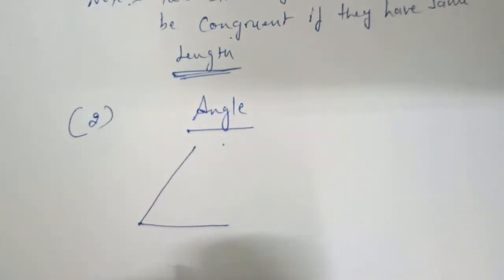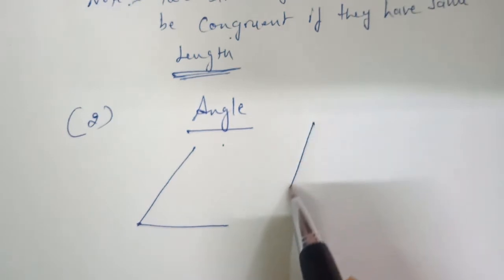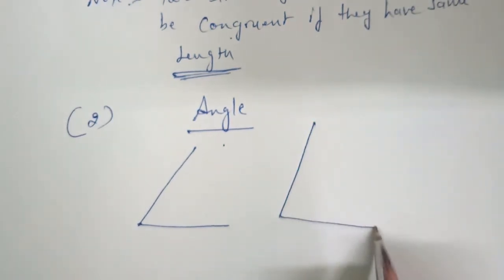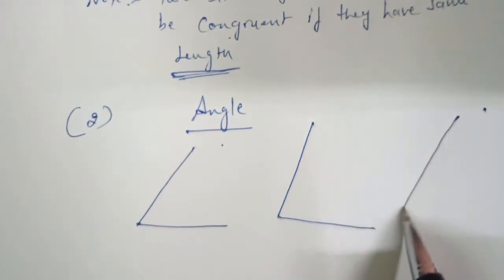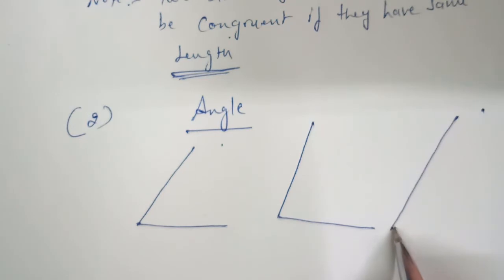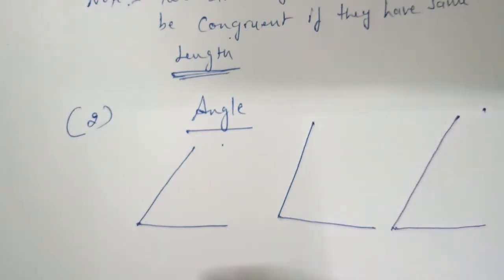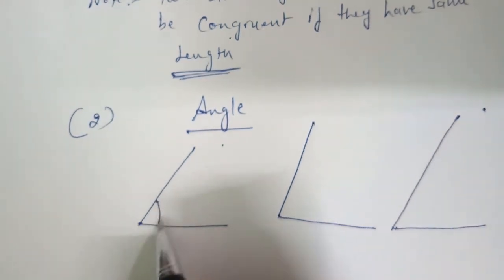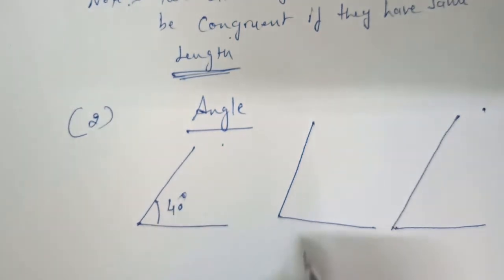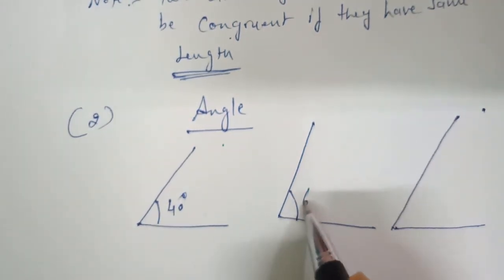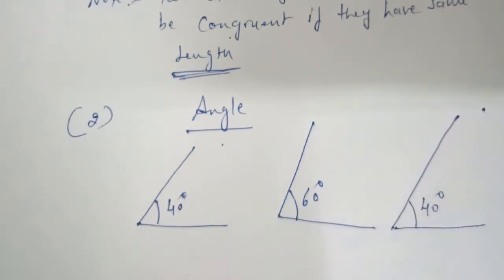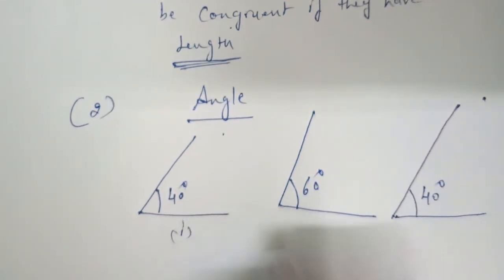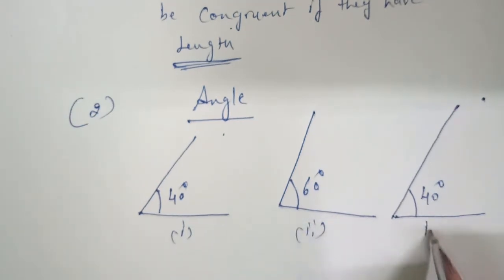Let this be the first one, this is the second one, and one more I am drawing, this be the third one. Let this be 40 degree, this is 60 degree, and again let this be 40 degree. This is the first, this is second, this is third.